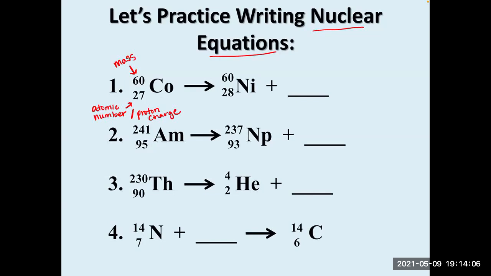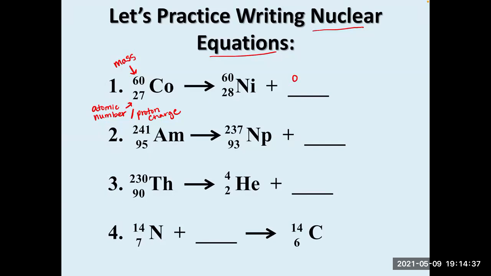So what we need to do is make both sides equal. All of the mass numbers need to be equal on each side of the arrow, and all of the atomic numbers need to be equal on each side of the arrow. Then that atomic number is going to tell us what symbol to put with those other two numbers. Number 1 has 60 for the mass on the reactant side, and I already have 60, so I don't need any more mass.